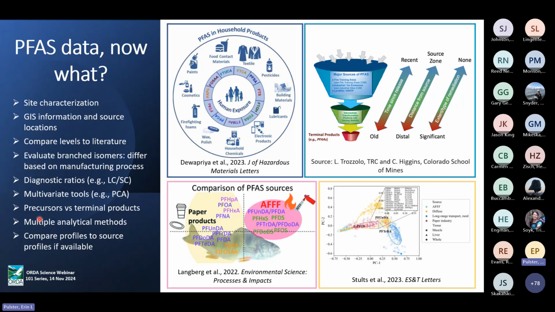You can use those additional analytical tools, or the multiple methods that I was indicating, like the target, non-target, and total, to get a whole picture of what you might be encountering.